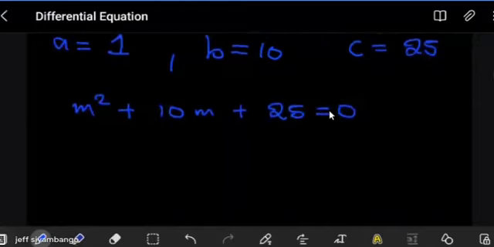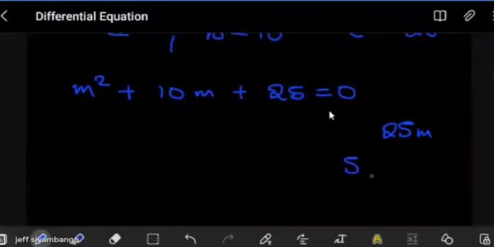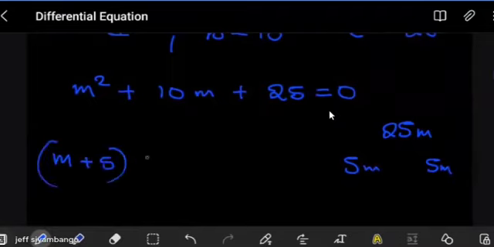Now, the question is, can you factorize this expression? I think it's 5 and 5, because this is 25. So you have 5m, 5m. From here, you can clearly see that this is going to be m plus 5, and then this is also going to be m plus 5, is equal to 0.